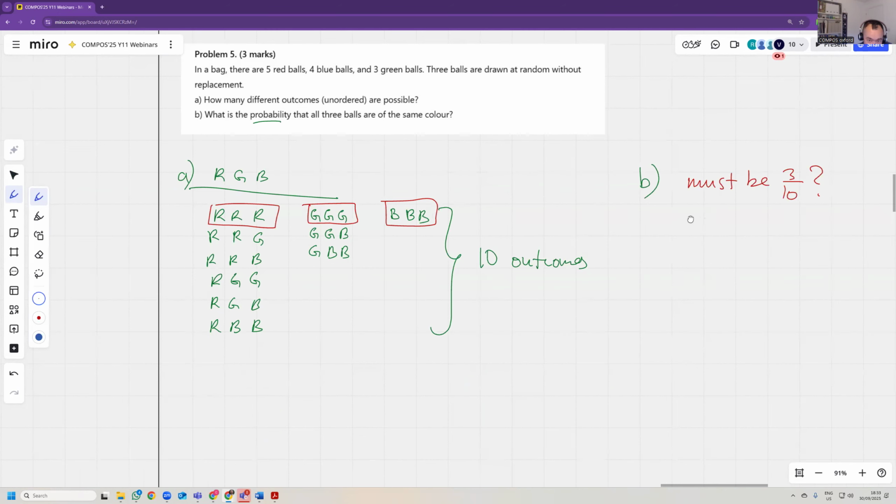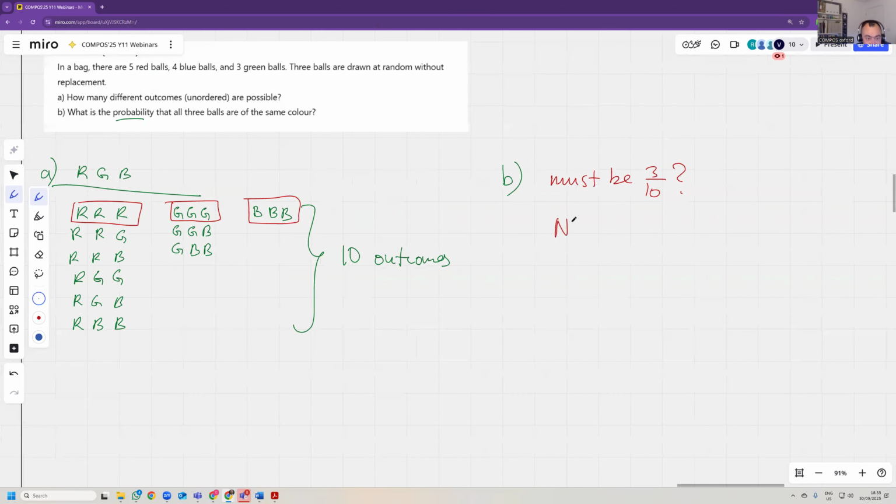But no, it's not. The reason is that these outcomes are not equally likely. So red, red, red is not equally likely to green, green, green. Yes, they're not equally likely.